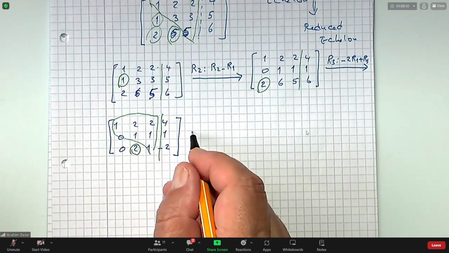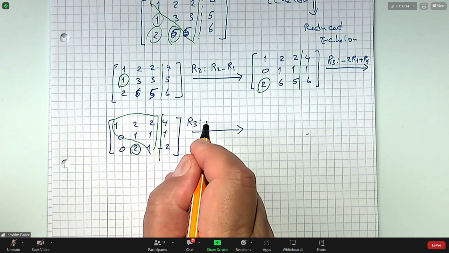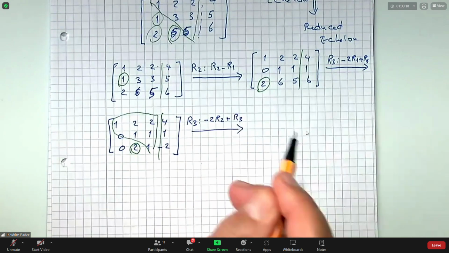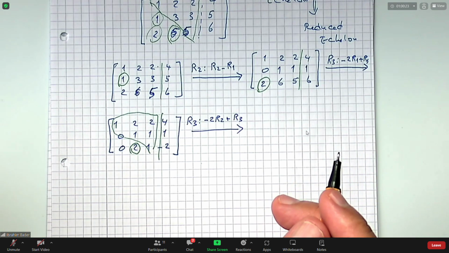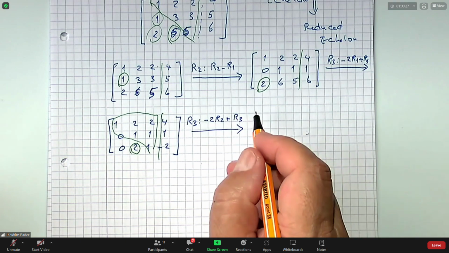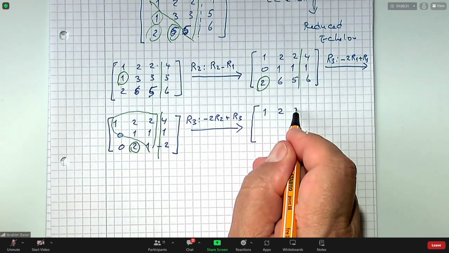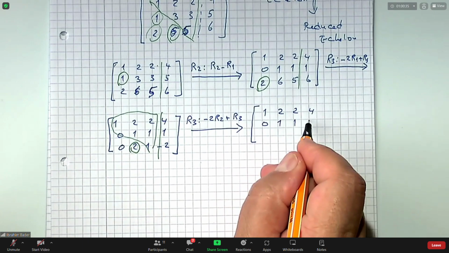So I will be replacing row 3 by negative 2R2 plus R3, keeping the other rows unchanged. So 4 here, 0, 1, 1, 1.